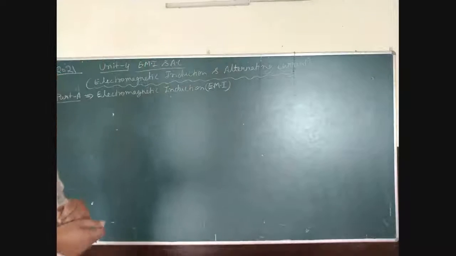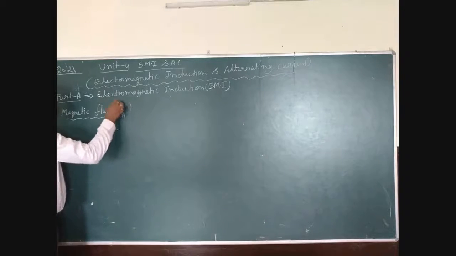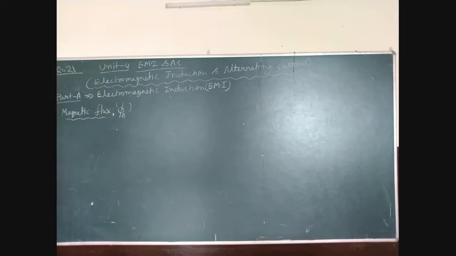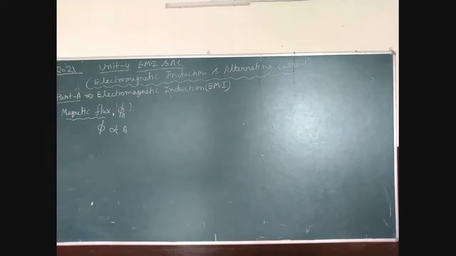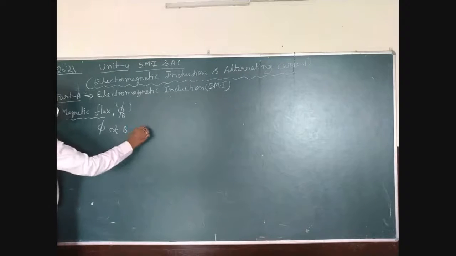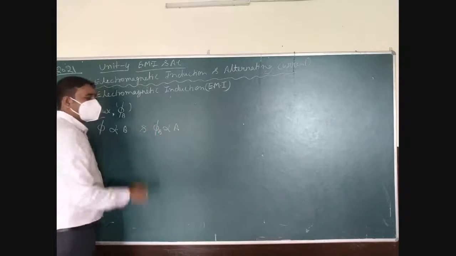Now first we understand what is magnetic flux. It is denoted by phi B. It is observed that the magnetic flux is directly proportional to the strength of the magnetic field intensity, and it is also directly proportional to the area of the coil.